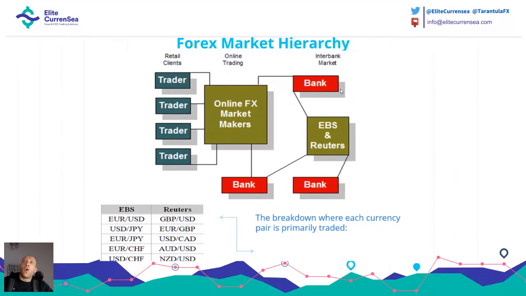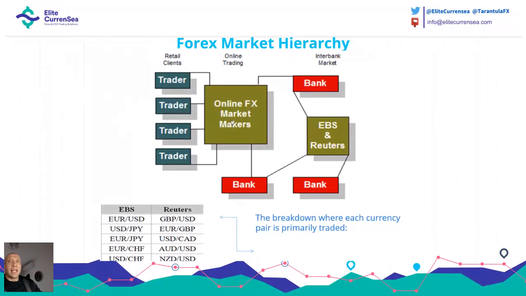They're in a constant battle that lasts forever, trying to one-up each other for market share and market domination. But it's important to know that while both companies offer most currency pairs, some currency pairs are definitely more liquid on one platform than on another.